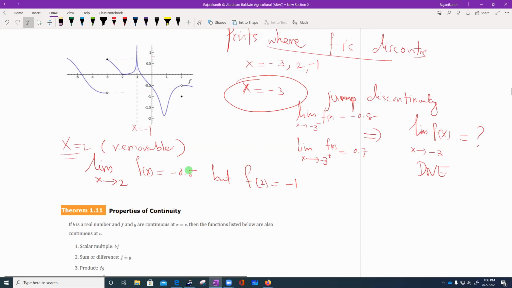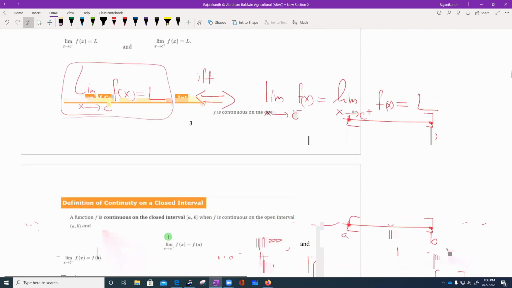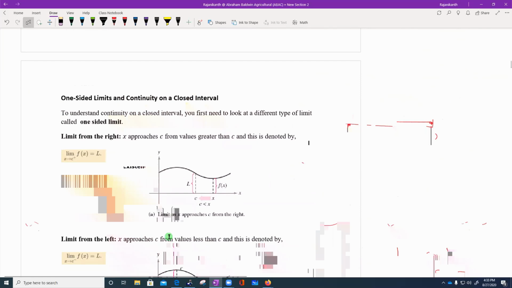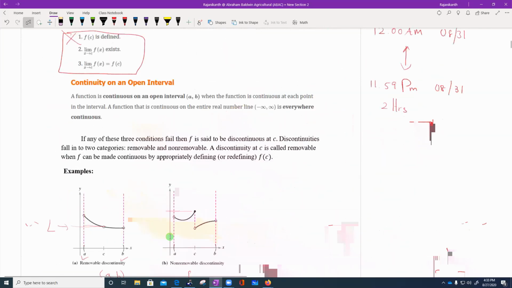Now you see the limit value is -0.5, but the function evaluated at 2 is -1, two different values. That is why the function is not continuous. You understand now? Yes. There are two conditions satisfied in order for a function to be continuous at the given point. You remember those three conditions we had at the very beginning today?